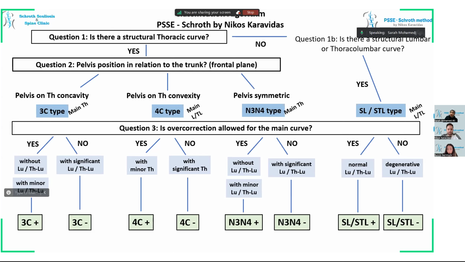If it's plus, it's the normal, because usually in adolescence we don't have many structural changes in the vertebra, so we give most patients a plus sign, unless we see something that makes us decide it's a minus, or we give the SL-STL in the case of degenerative or adult scoliosis.